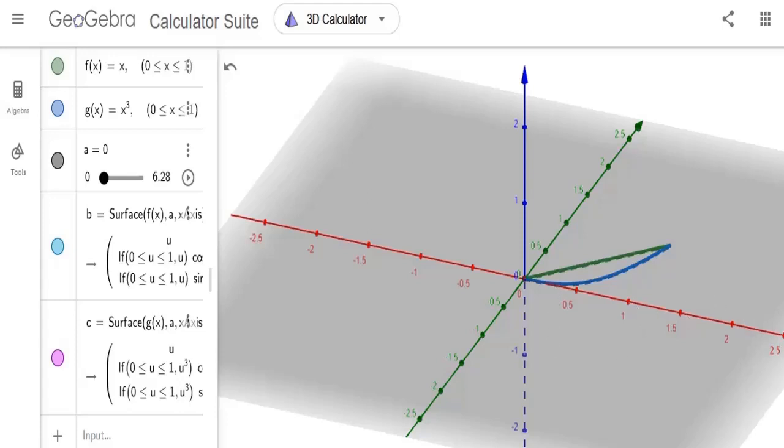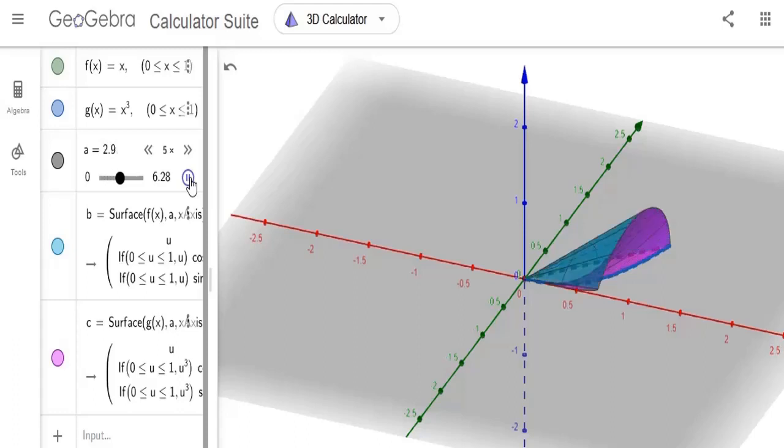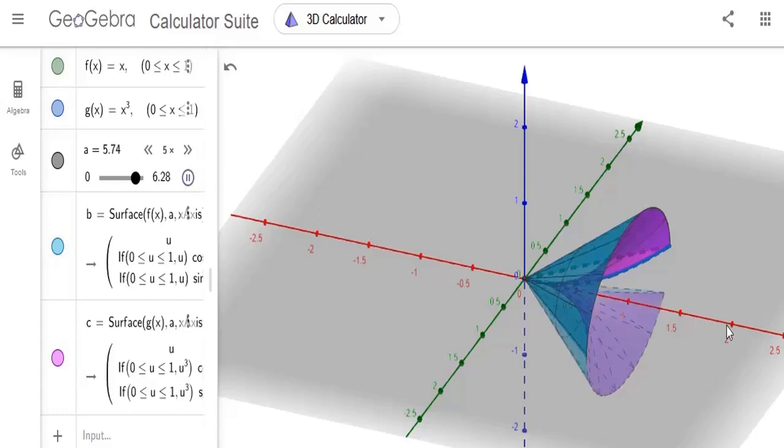The red is the x-axis, the green is the y-axis, and the blue is the z-axis. And here you go. As you can see, it's rotating around the x-axis.